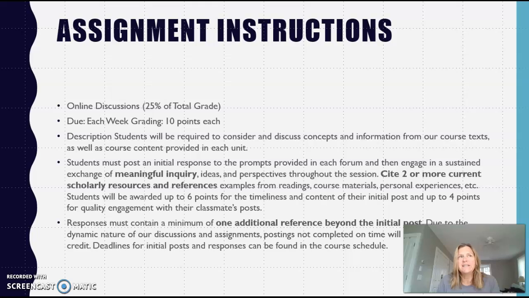The content of the discussions include one initial posting and then 2 responses to classmates. The initial posting should answer the prompt that's given there, and you should have some meaningful replies to the prompt. So this wouldn't just be like, yes, I agree with this, or I think I saw this once before.